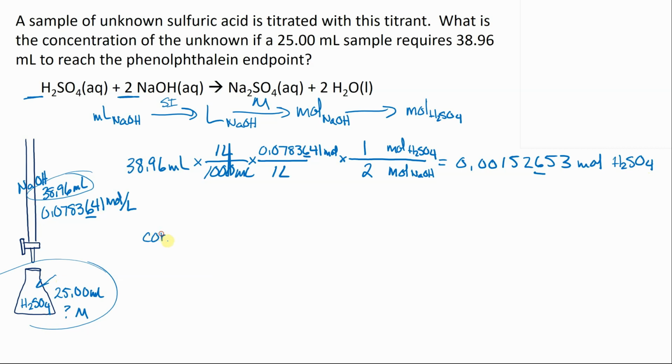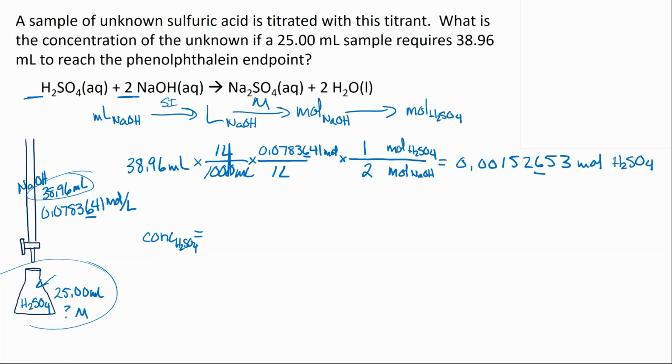So if I want the concentration of the sulfuric acid, I need the solute over the solution. So this is the 0.00152653, 4 sig figs, moles of sulfuric acid. And now I want the volume of that sulfuric acid solution, that 25 mils there.